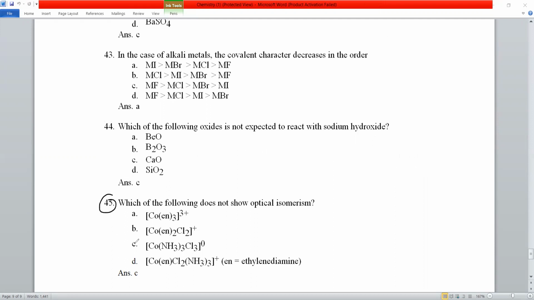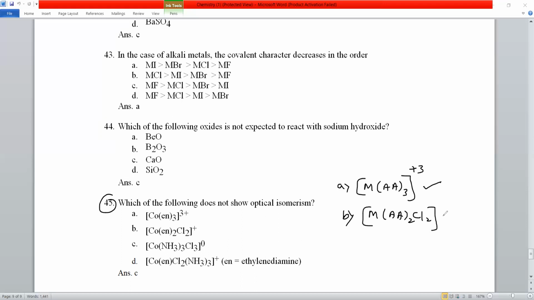Question number 45. Which of the following does not show optical isomerism? Which does not show optical isomerism is what is asked. So first, complex A is M(AA) taken 3 times. This type of complex will show optical isomerism. Go for the second one. The second one also will show. M(AA) taken twice with Cl2.